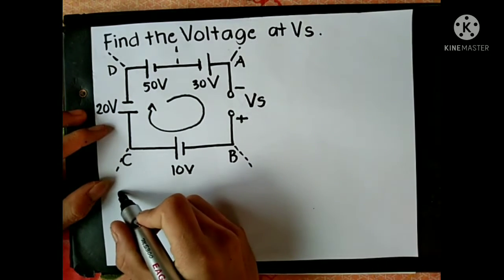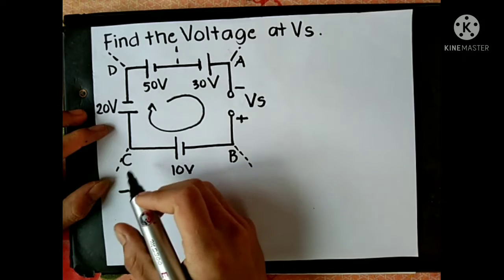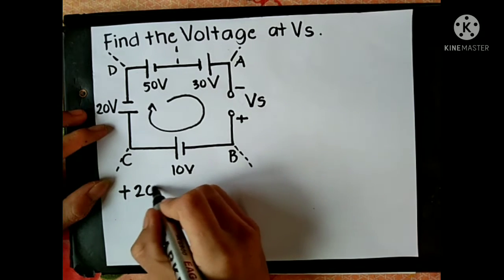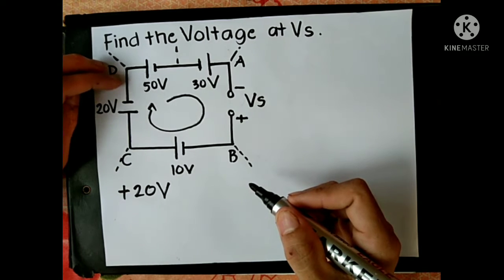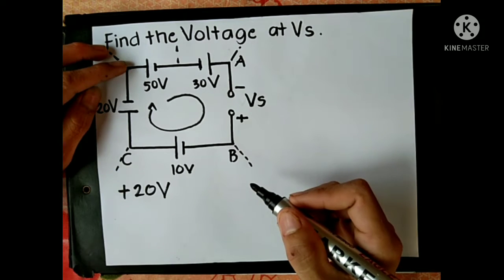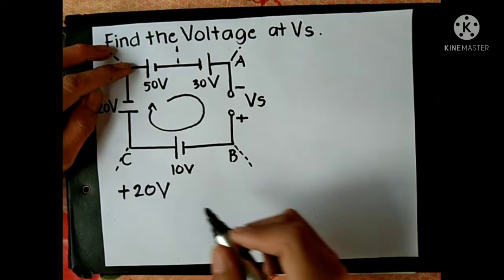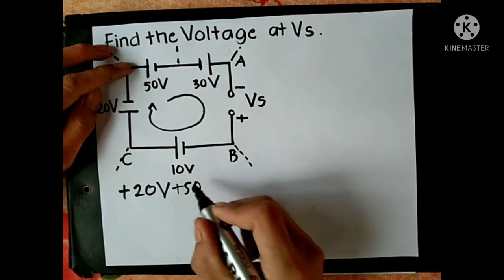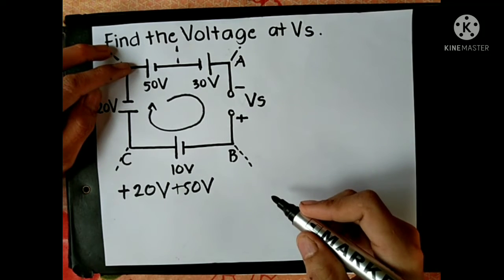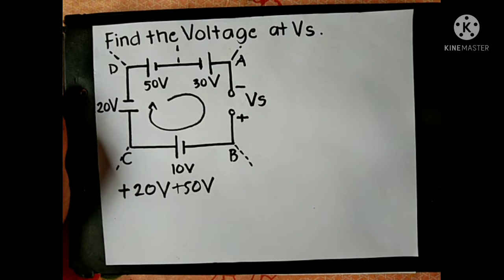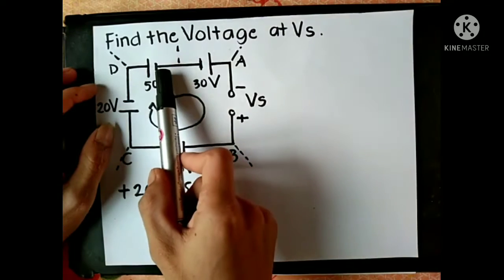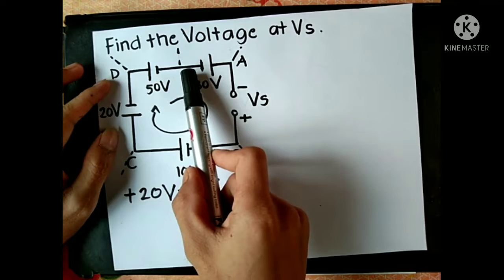So let's write positive 20 volts, and next we travel to 50 volts, so it enters the higher potential, so it is a positive 50 volts. Then next it flows in this direction into 30 volts.